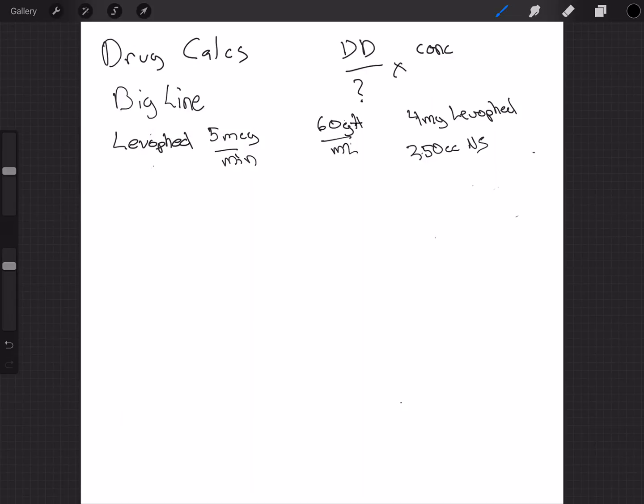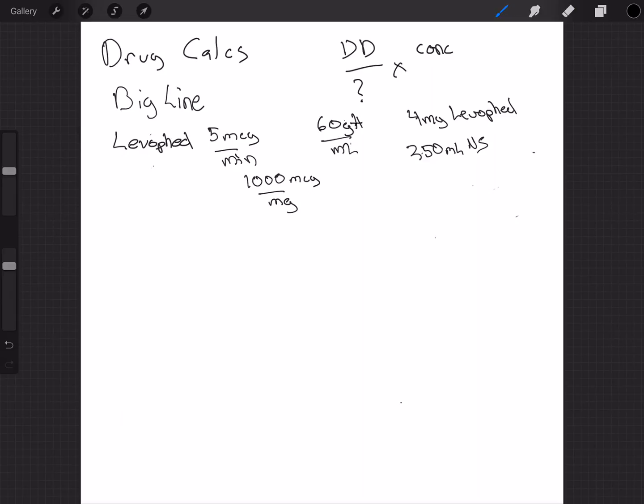And we've got micrograms and we've got milligrams, so we're going to need to convert those at some point. I'm sure you know the answer, but you have 1,000 micrograms in a milligram. And I wrote cc here, sorry if that confuses anybody, but a cc is the same as a milliliter. All right, we've got everything we need.